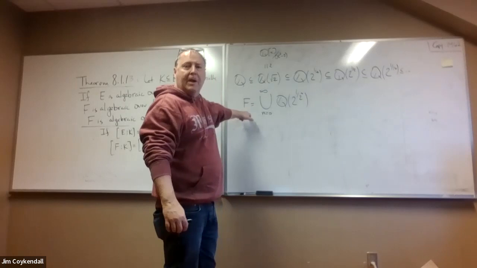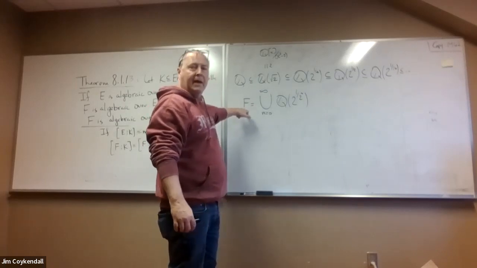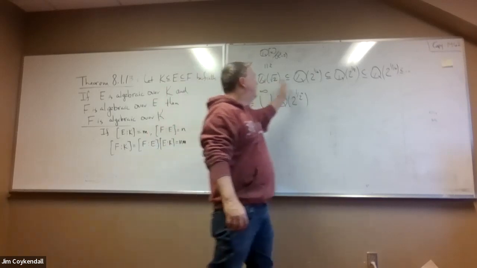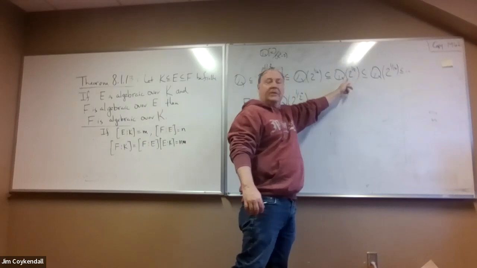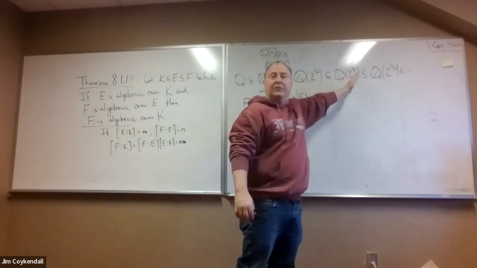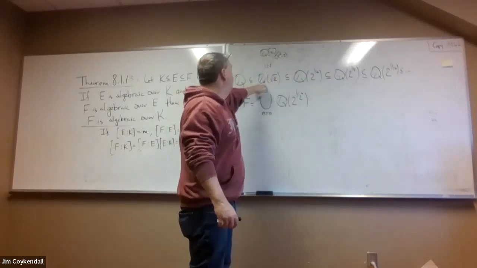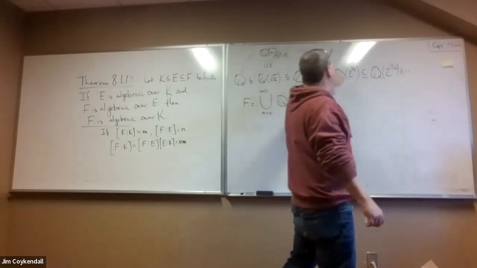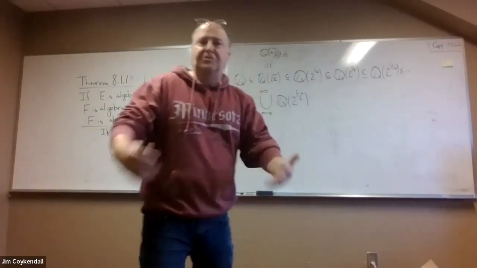This field is algebraic because if you pick a random element out of this field, it's in one of these fields in the nested chain. But if it's in one of these fields, it's algebraic because every one of the fields in the nested chain is a finite extension of Q. This is of degree 2, this is degree 4 over Q, degree 8, and so forth. Everybody okay so far?